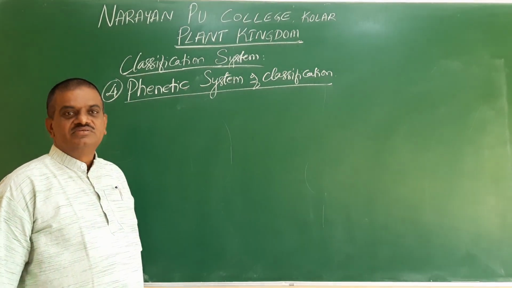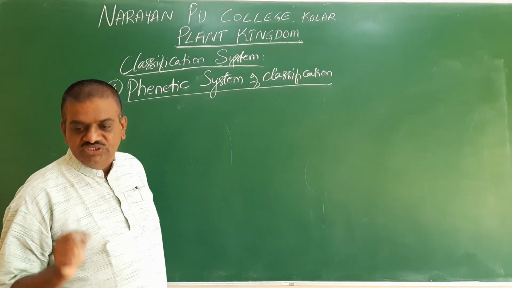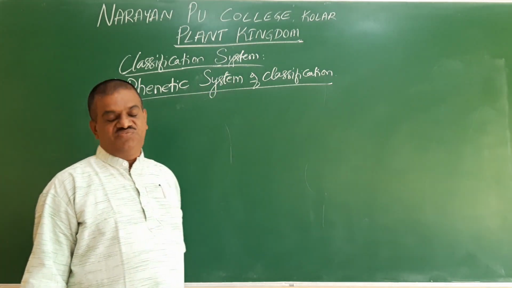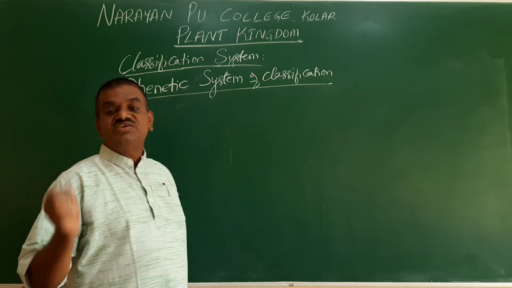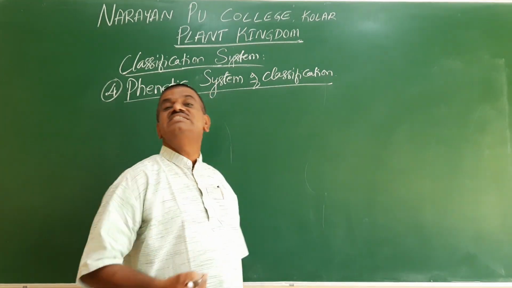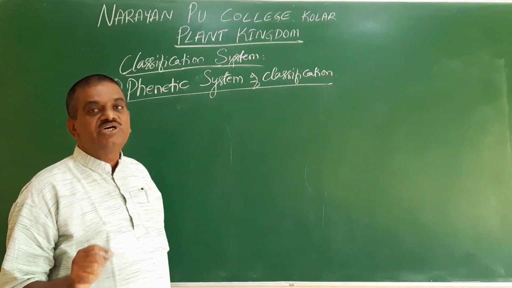So we go for the fourth type of classification. The fourth type is called the phenotypic system of classification, or phenotypic classification. Nowadays, biologists are working hard with their computer systems.